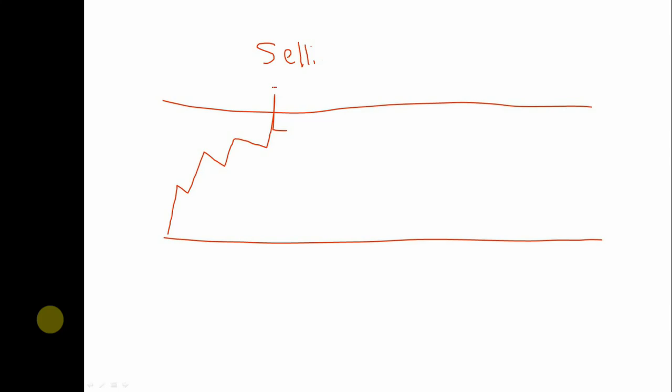But to get up there, people must have bought. So we have a lot of trapped traders. All this area that went above our resistance are buyers, and they're trapped because it closed under.